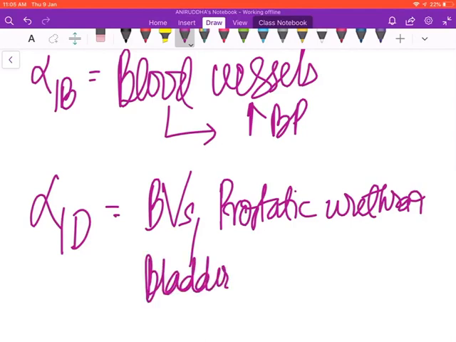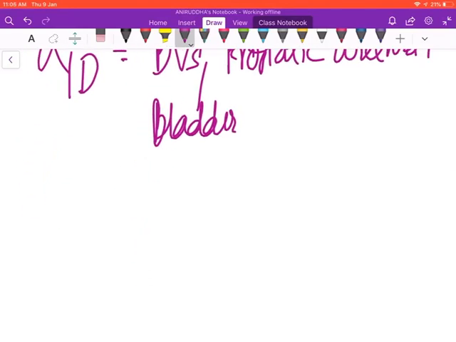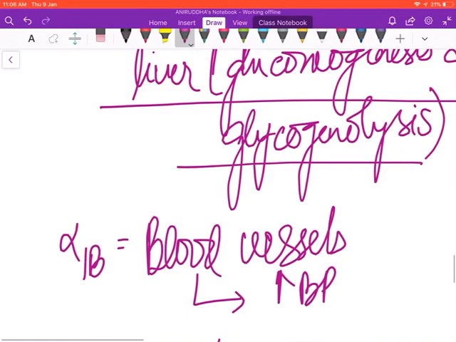So like I said, blood vessels, prostatic urethra: there will be vasoconstriction, and contraction of the prostatic urethra will lead to obstruction to urinary flow. Now this is not found on the bladder sphincter. It's found on the bladder, so it will promote contraction of the bladder. I'll just reiterate that these all are Gq type.